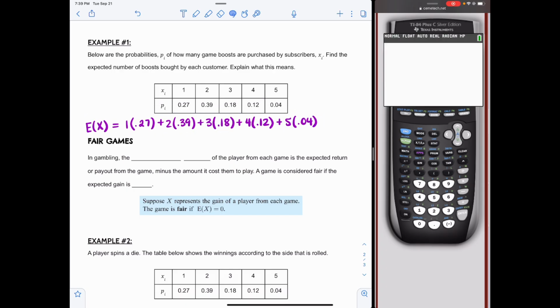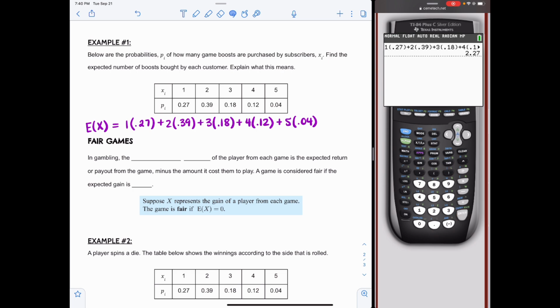When we do that, you literally type it into the calculator. Please make sure you pay attention when you're typing it in, because if you miss one decimal or you make a small mistake, it will throw your entire calculation off.